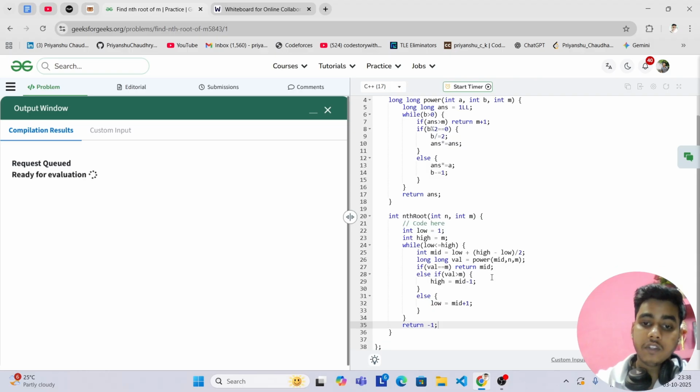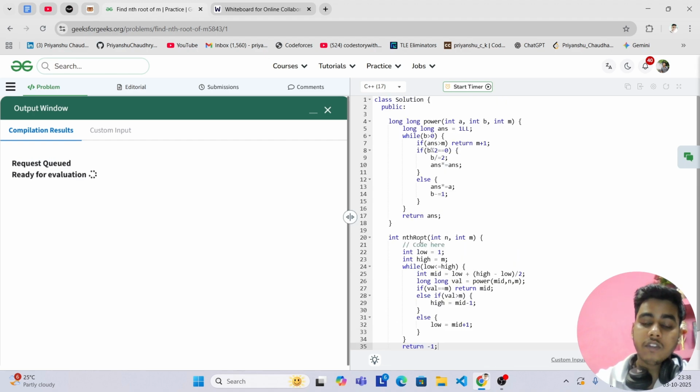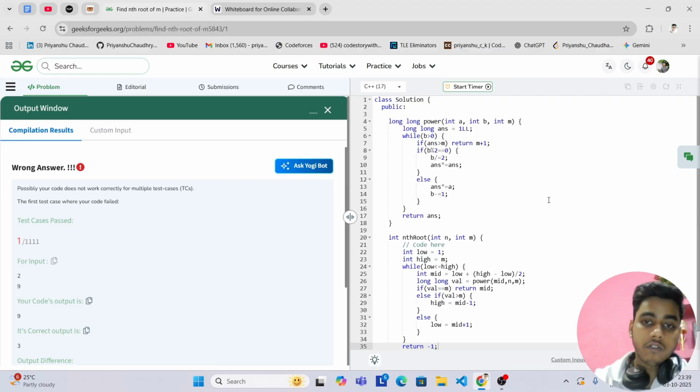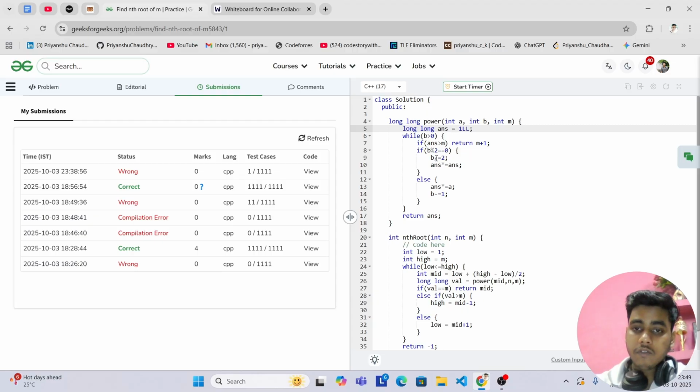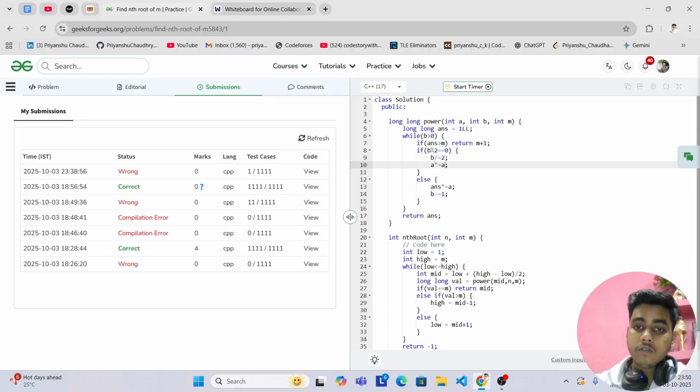Now if I compile and run and submit this, let's check whether we are able to pass all of these cases or not. So we have made some mistake. We don't have to square answer, we have to square a. So that's the case.